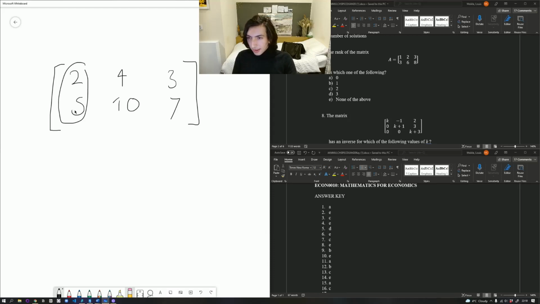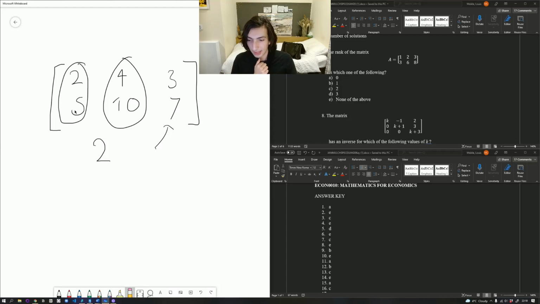If these two are multiples of each other, that means they're linearly dependent vectors. This one isn't in this case. We could also technically reduce to echelon form and count the number of pivots, but it's not as fun. So this is how we get it. And thankfully, the rank here is 2.